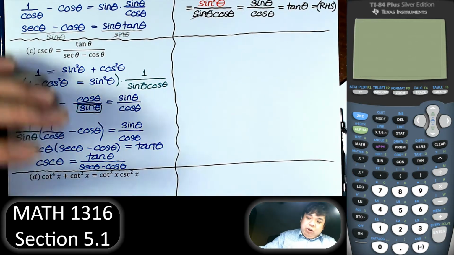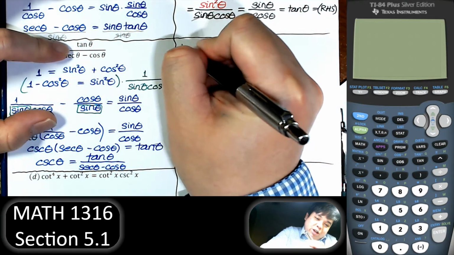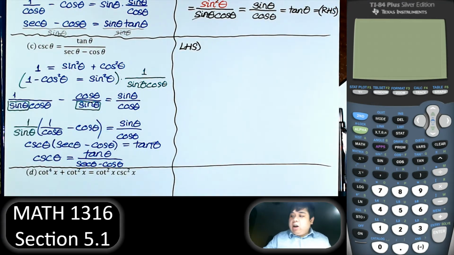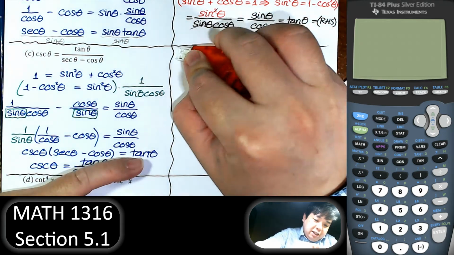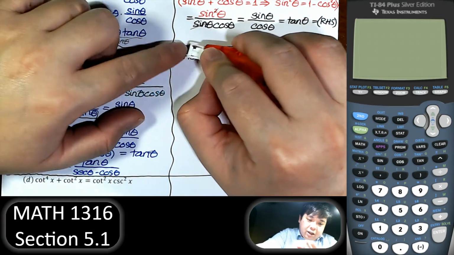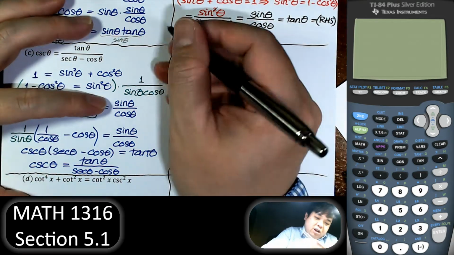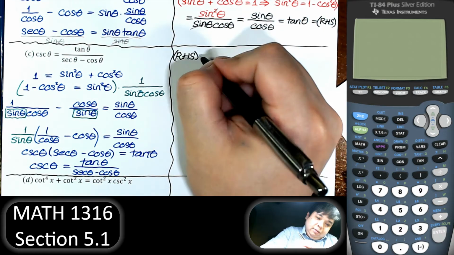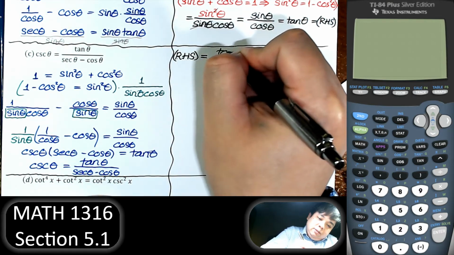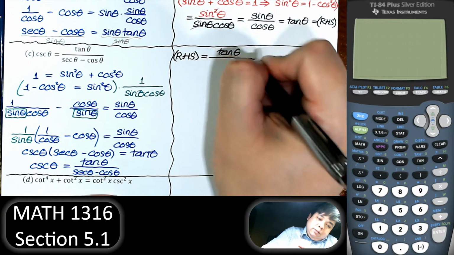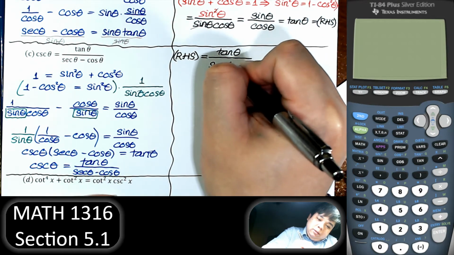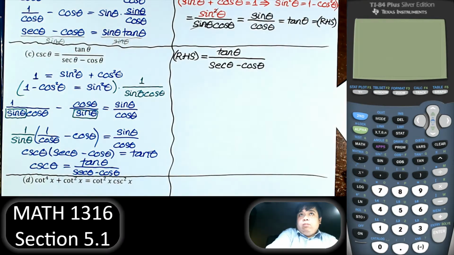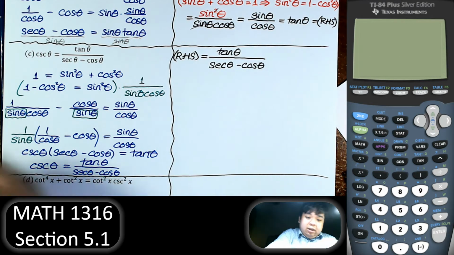Now I'll do this more traditionally. I start with the more complicated side and then simplify that to the other side. So we start from the right hand side because that is more complicated. Since we only have one side, we cannot really do anything, cannot cross multiply.